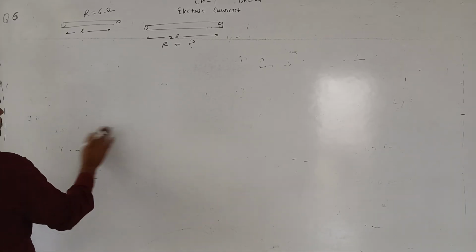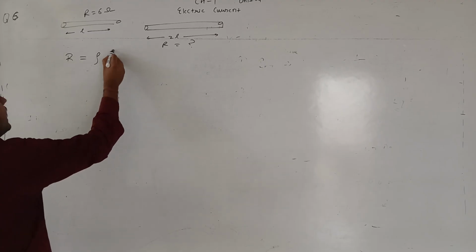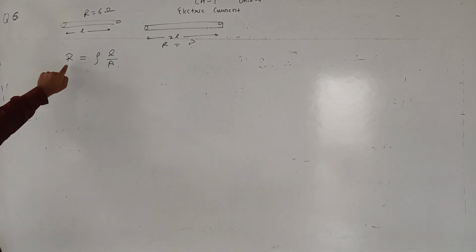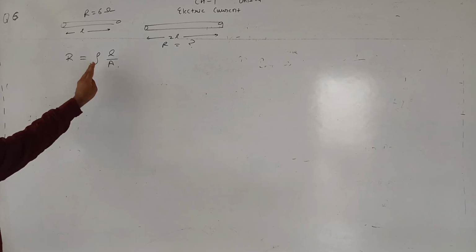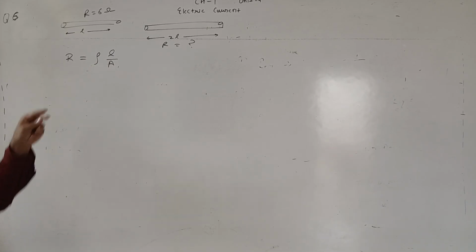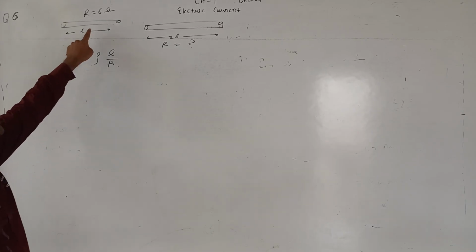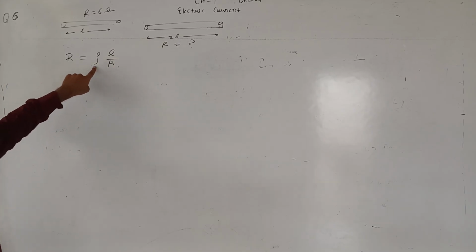So we'll use the formula. We know that resistance R is equal to rho times L divided by A. Now what is rho? Rho is the specific resistivity of the material, and rho is constant for a given material, so it will not change even if the length of the wire is changing.